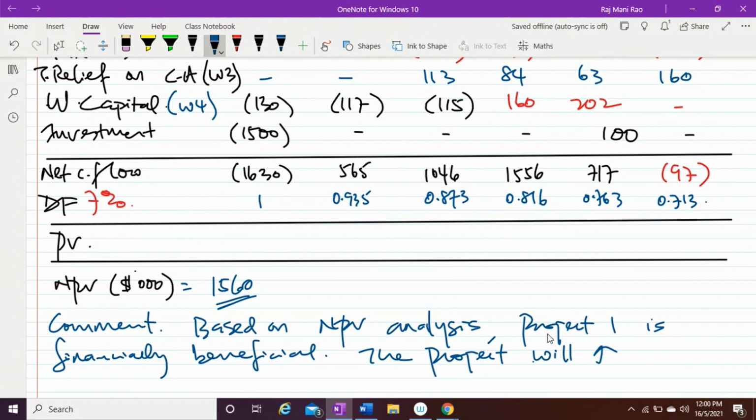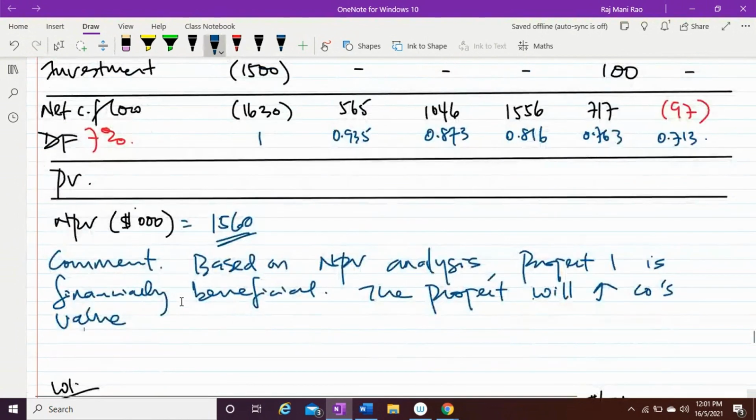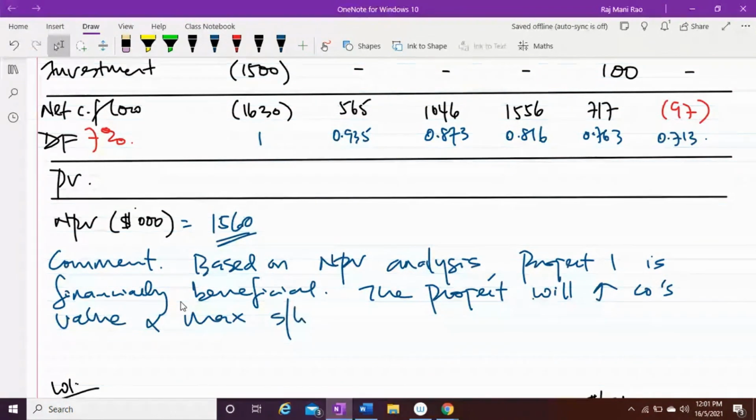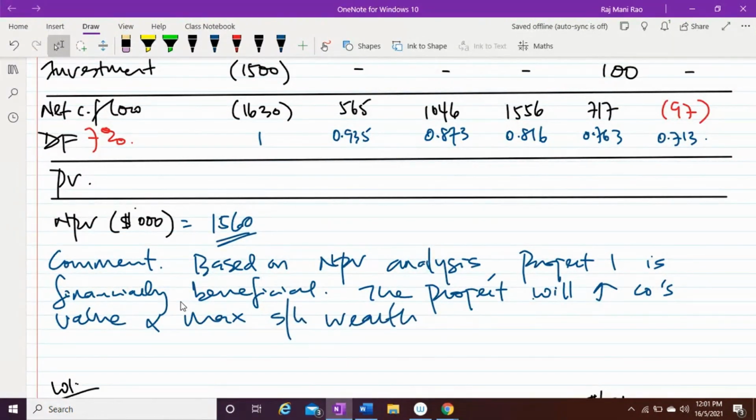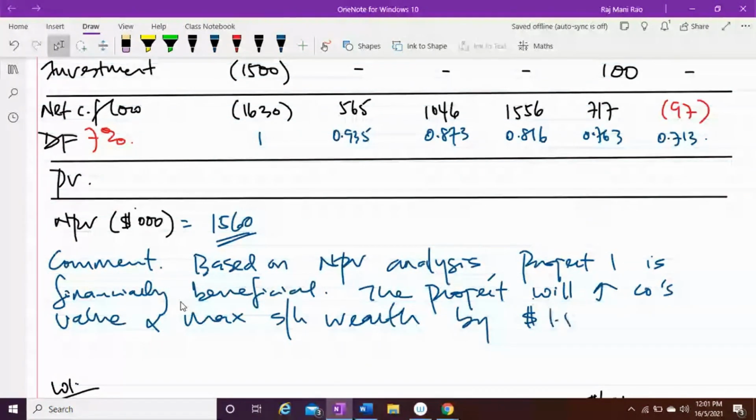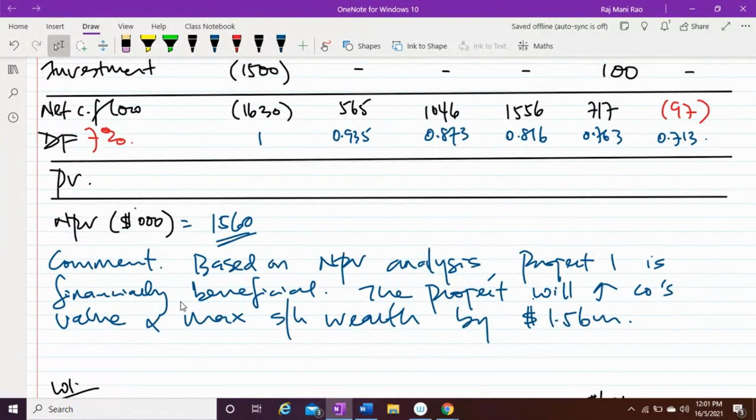The project will increase company's value and maximize shareholders' wealth. By how much? 1.56 million.